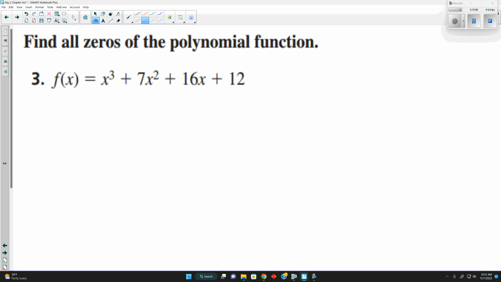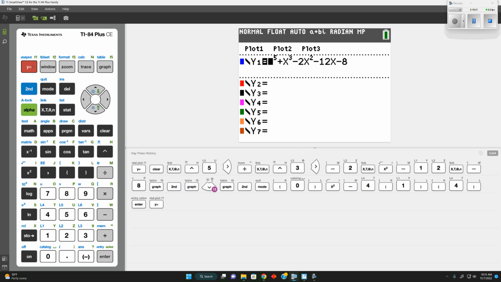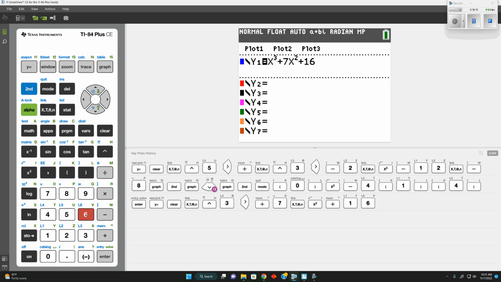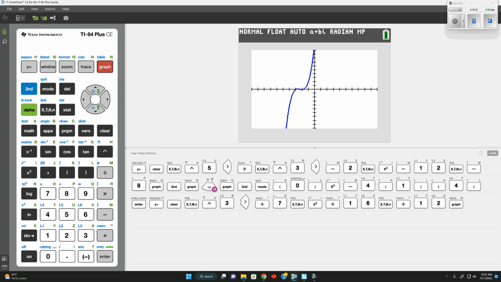But again, the first thing we can do is take the graphing calculator and graph it. So we can say x to the third plus 7x squared plus 16x plus 12. And we have this here.